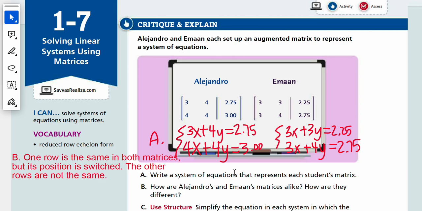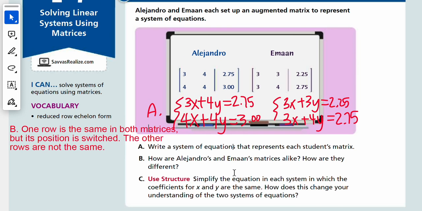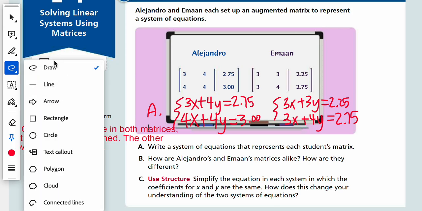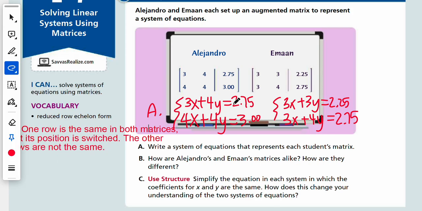Okay, let's look at part C. Simplify the equation in each system in which the coefficients for x and y are the same. How does this change your understanding of the two systems of equations? Let's simplify our matrices or the system of equations. So there are multiple ways you can simplify, but what should we do?